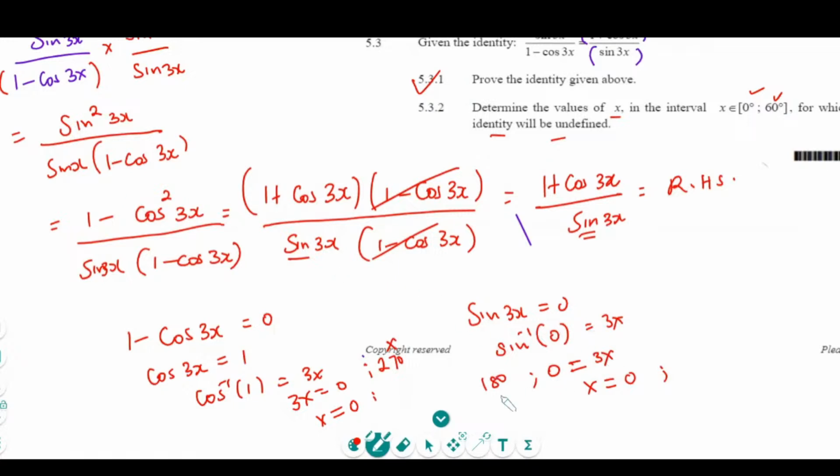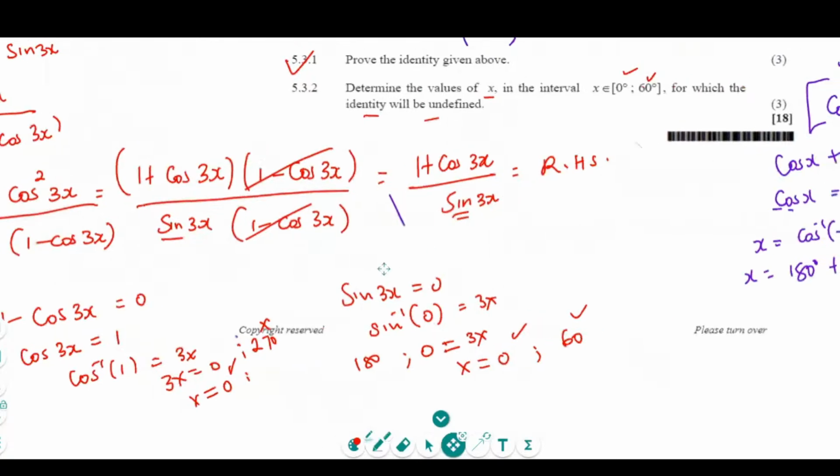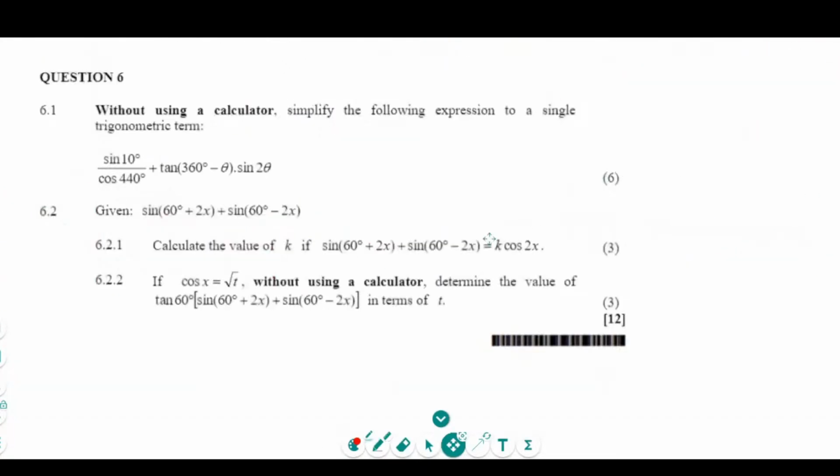And then when I divide both sides by 3, I'm having a 60. So those will be my solutions. The 0, the 60. There's a 0 here already. Okay, so that is 5.3.2. Question 5, we're done. We'll move on to question number 6.